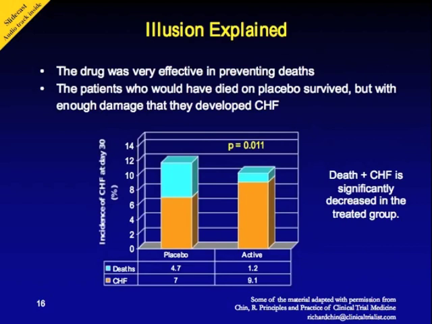But those patients who had large MIs, who would have normally died, did not die because of the drug. But they did have quite a bit of damage to their heart, and therefore they ended up with heart failure. So if you were to look at the combined rate of death plus CHF, you would have seen that the drug was effective.